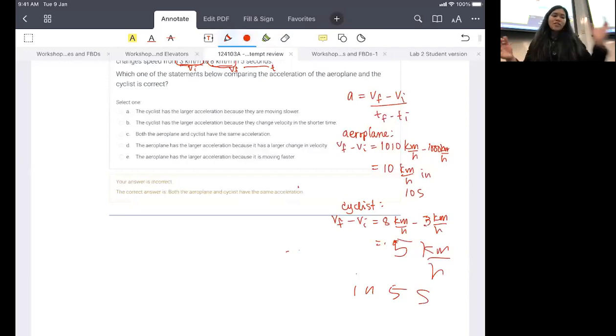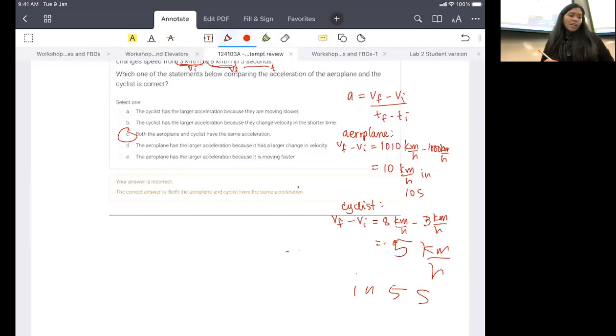A change in speed of 10 over 10 seconds is the same as a change in speed of 5 in 5 seconds. So that means they should have the same acceleration. Does that make sense, Ruth?